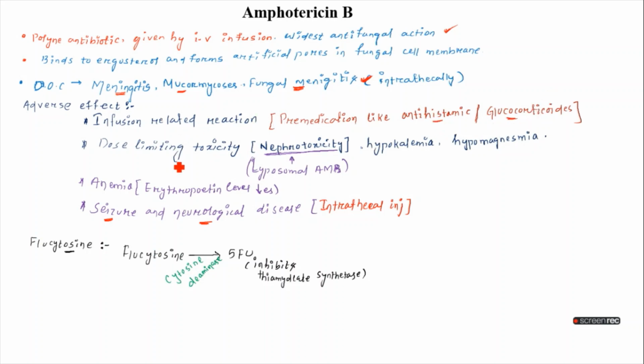Again, the dose-limiting toxicity of amphotericin B is nephrotoxicity. ये एग्जाम में क्वेश्चन पूछता है. The major dose-related toxicity of amphotericin B is nephrotoxicity, hypokalemia, and hypomagnesemia, which can be minimized by two methods.